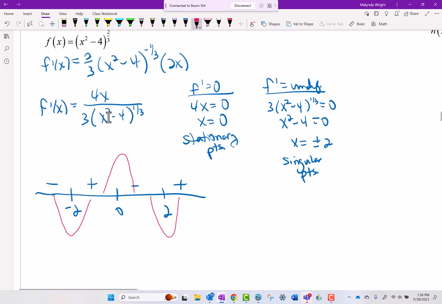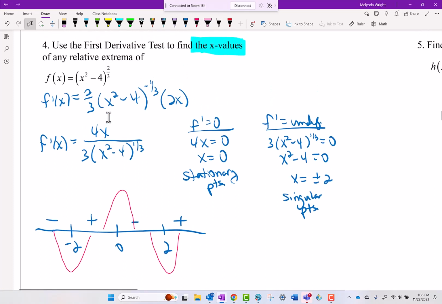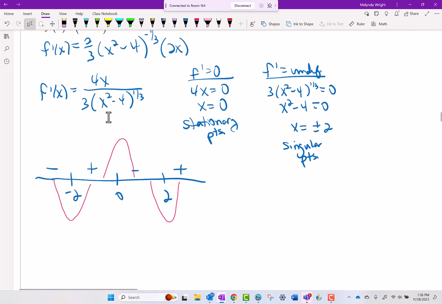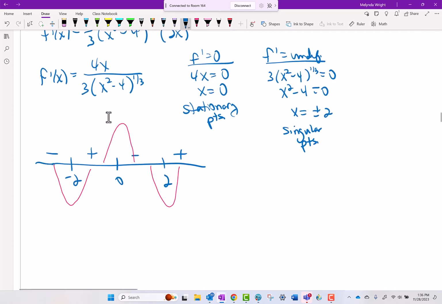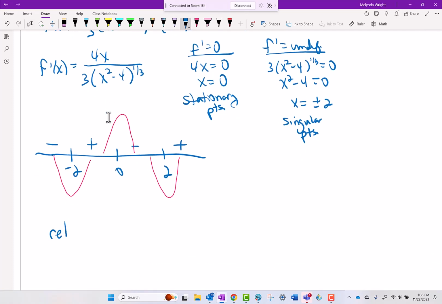So we're going to copy those down. That's how we're answering the question. It says, find the x values of any relative extrema. Okay, so we have a relative minimum at x equals -2 and x equals 2 because f prime changes from negative to positive. The abbreviations that I'm doing, it's fine if you do those abbreviations.